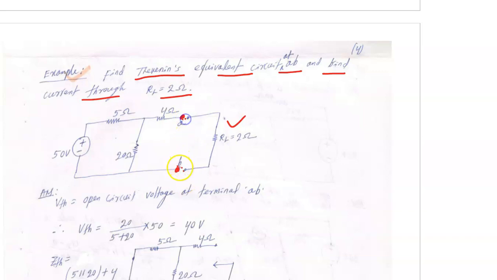Once you open, you see no current flows through the 4 ohm resistor. So the voltage across the terminal AB, that is the open circuit voltage, is simply the voltage drop across the 20 ohm resistor. So VTH is 20 upon 5 plus 20 into 50, that is 40 volt.